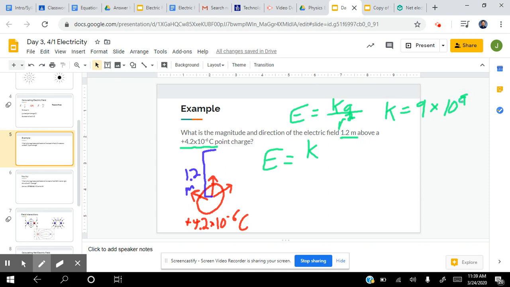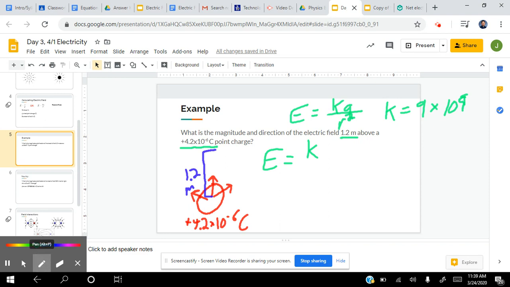Just so you guys are aware, if you ever see that some of my answers are just a little bit off, it's because the true constant should actually be 8.99 times 10 to the 9th. For simplicity's sake, I just had us round it to 9, because I figured that would be a lot easier for most of us. So you might notice that my answers are just a little bit off. That's okay.